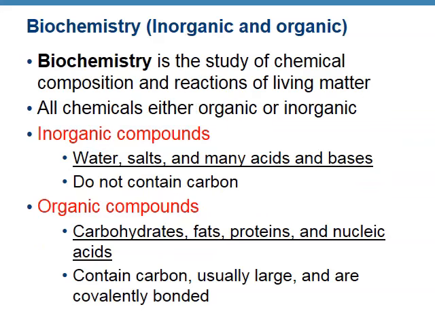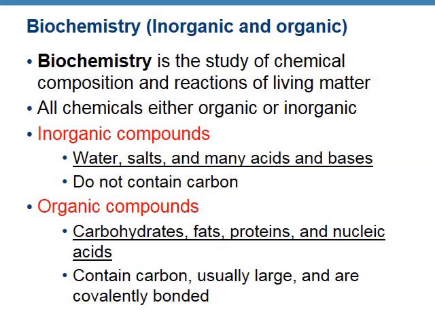So now to the next general topic. Everything we just talked about was basic chemistry. Now we have to talk about biochemistry. So how do chemicals and chemical reactions affect living matter? Again, we have two subgroups underneath biochemistry. We can look at organic compounds and we can look at inorganic compounds.